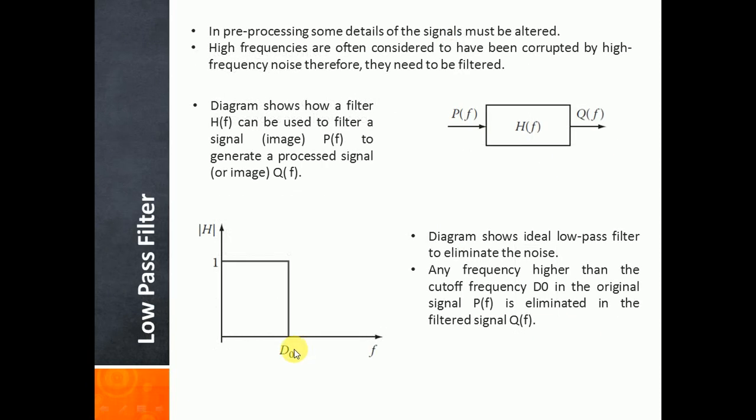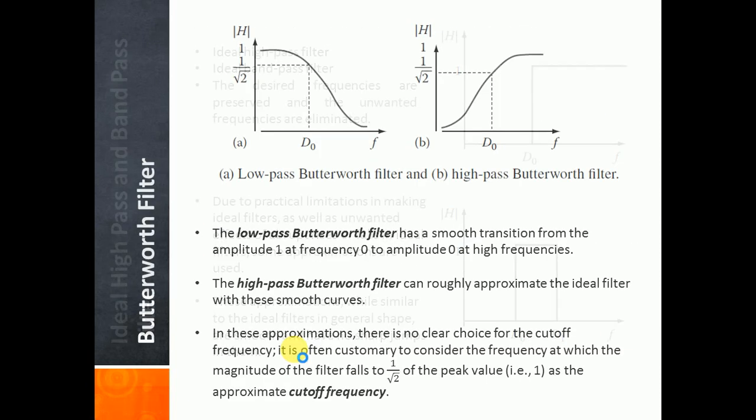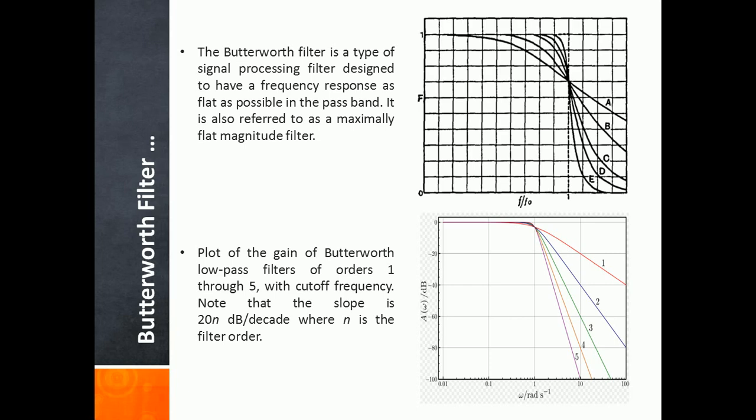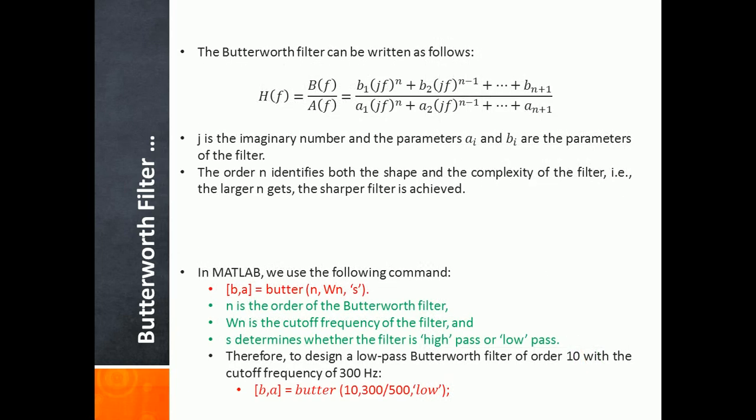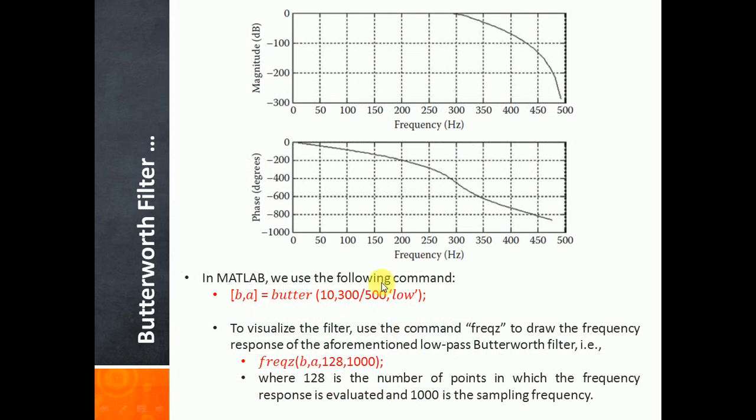And the last thing is whether it's low pass, high pass or band pass, so you can put high and low as well. So one example would be N equals 10. This is a low pass Butterworth filter of order 10 with this cutoff frequency. And you can plot their frequency response using this command.